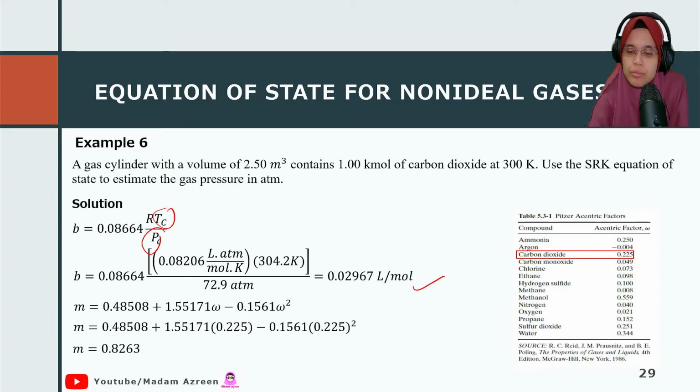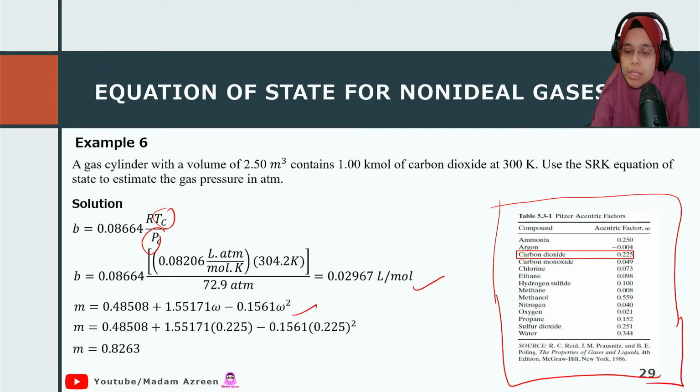From there, you can get the value of M using this table, which uses the eccentric factor.